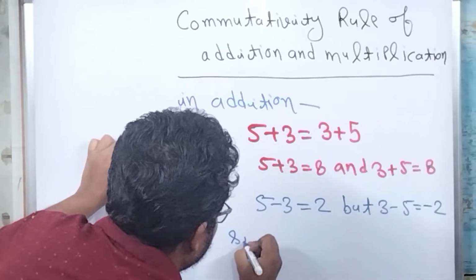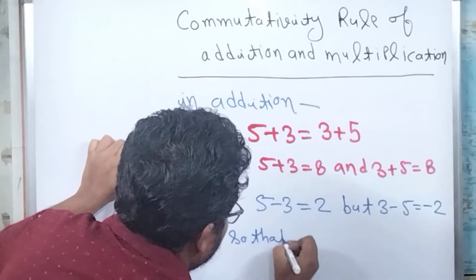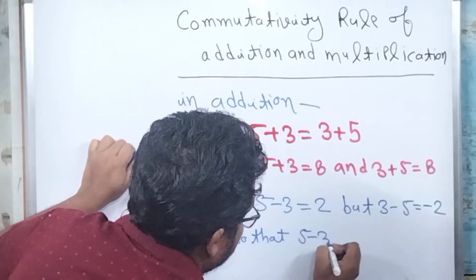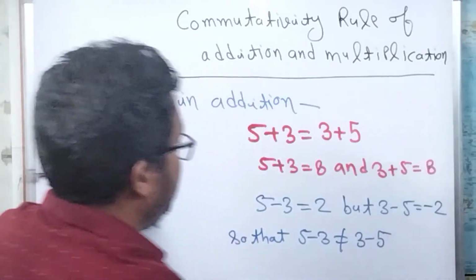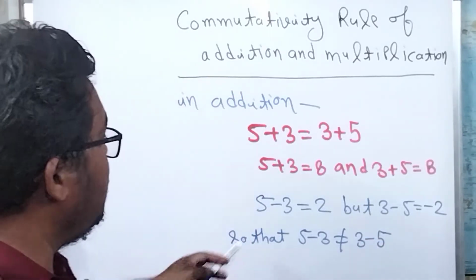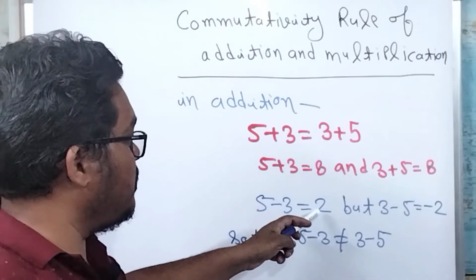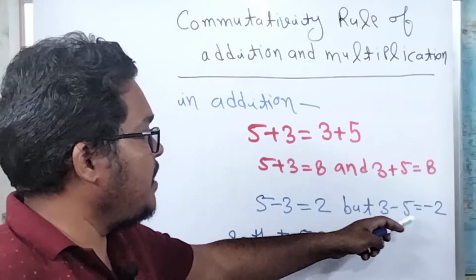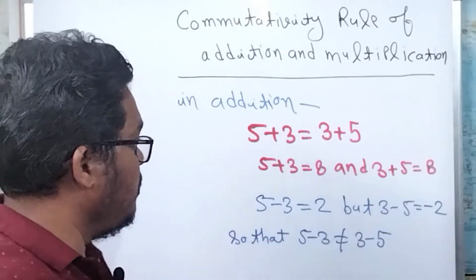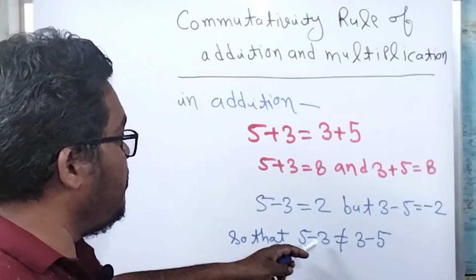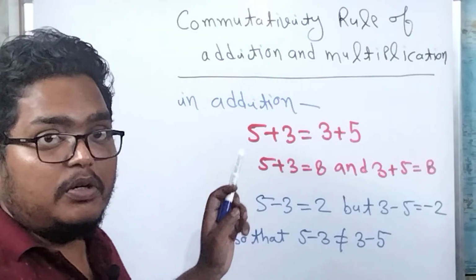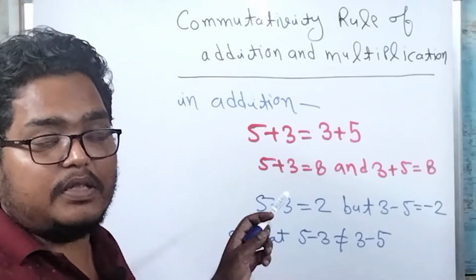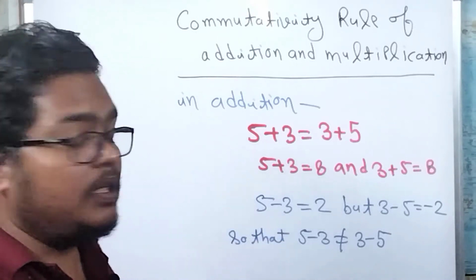So 5 minus 3 is not equal to 3 minus 5. So the commutativity rule is not followed in subtraction, only in addition.